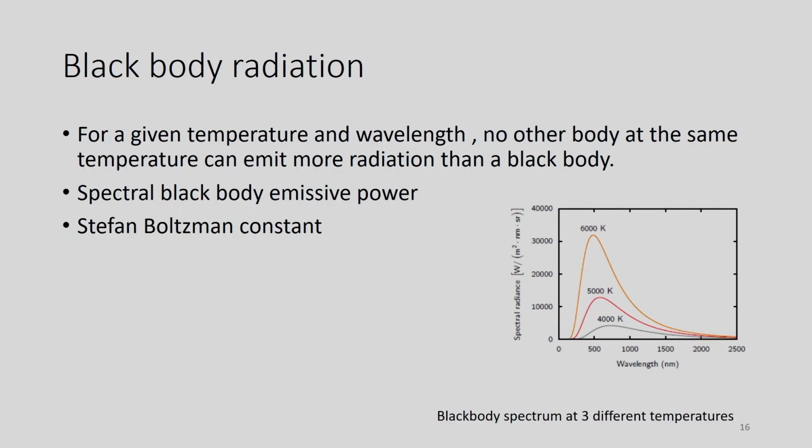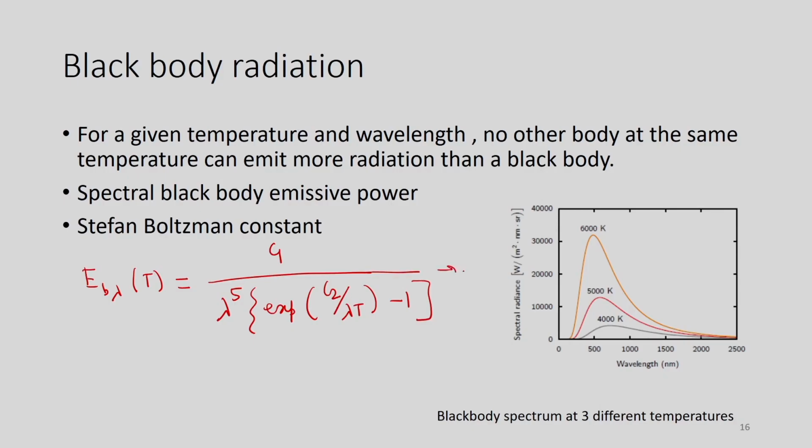Let us start. As we know, Planck's law of spectral emissive power, how we define it: E_b lambda, at a certain temperature, is expressed as C1 by lambda to the power of 5, and then exponential of C2 by lambda T minus 1. This may be equation 1, and C1 and C2 are constants.